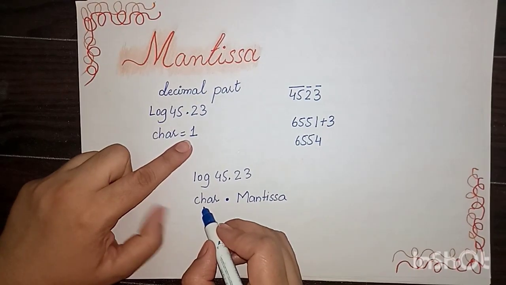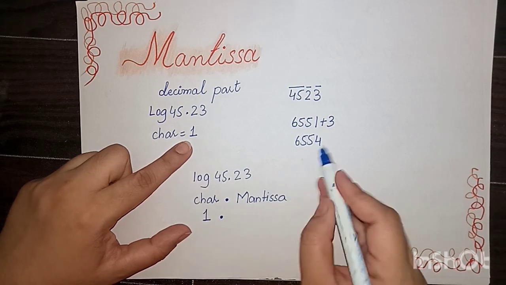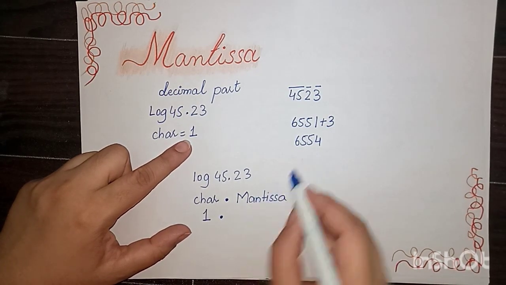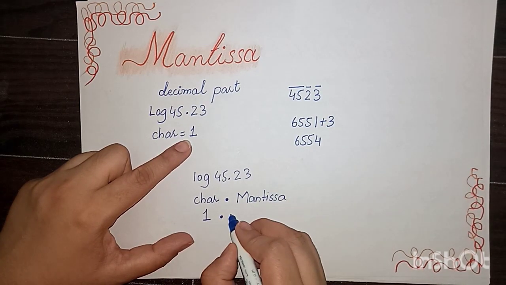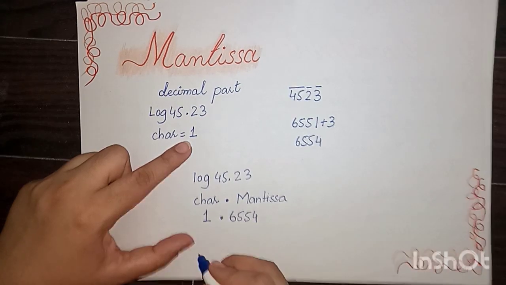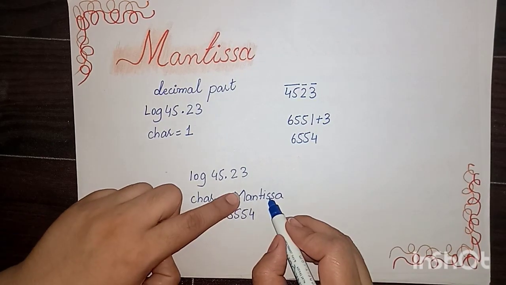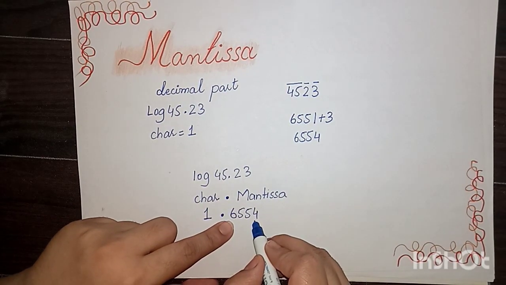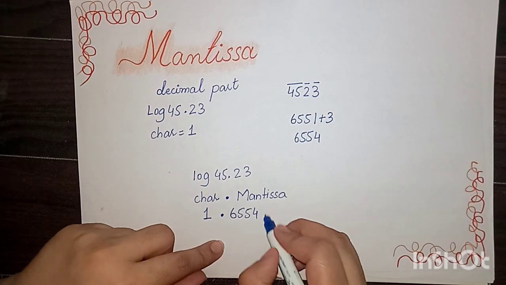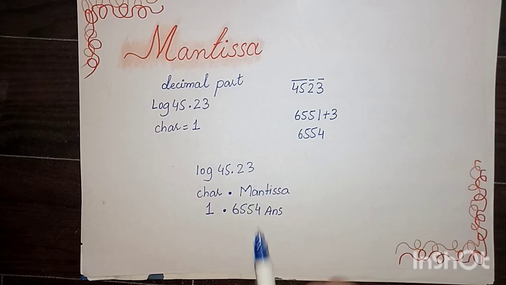So my characteristic is equal to 1. I will write 1 point, and my mantissa is equal to 6554. So the characteristic is the integral part and the mantissa is the decimal part. This is our answer for log of 45.23.